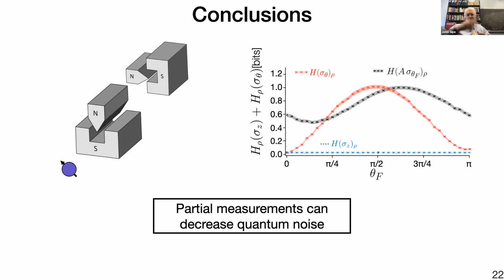Or are you imagining a large number of copies and doing conditional things? Yeah, this is with the same system. For the first 100 nanoseconds, we weakly measure, and then right after that, same system, immediately after the measurement, we strongly measure. I see. Okay, that's good. Thanks.